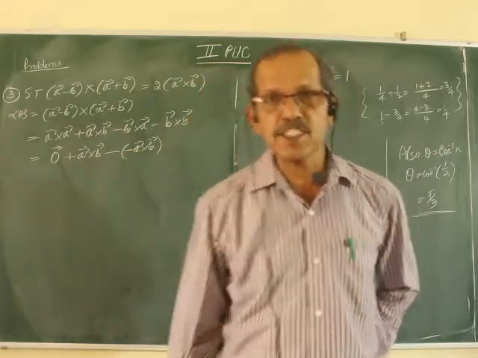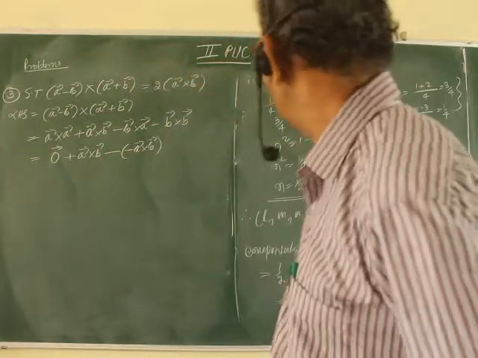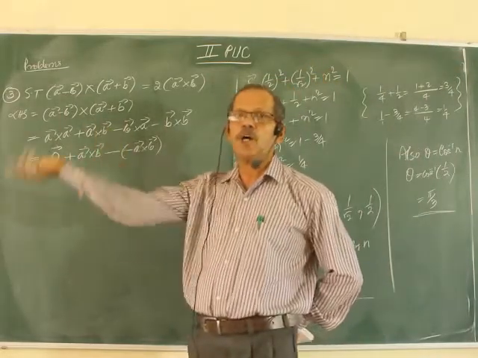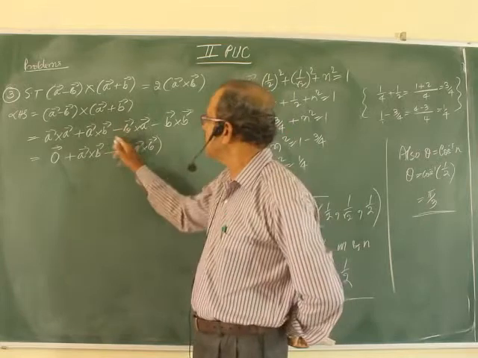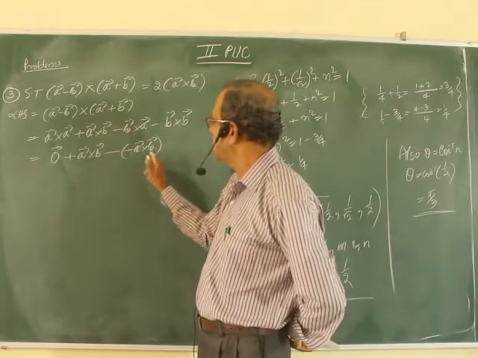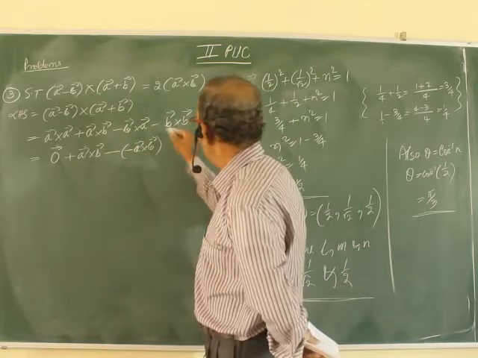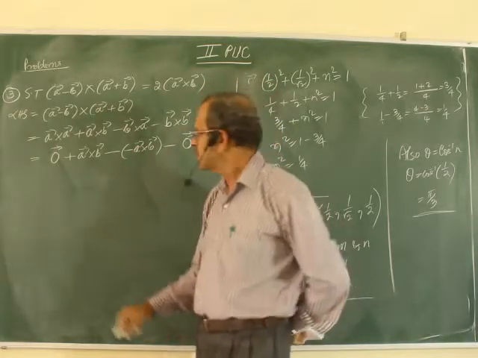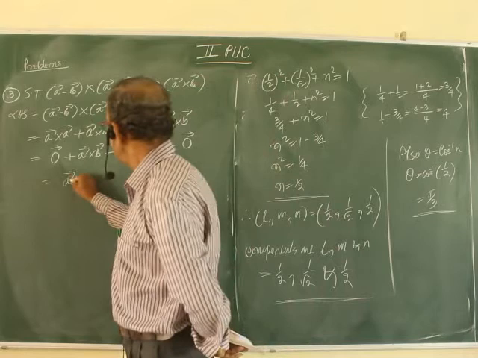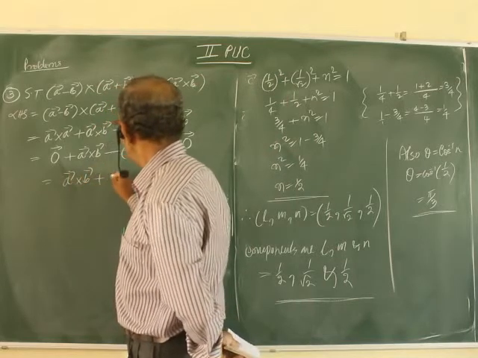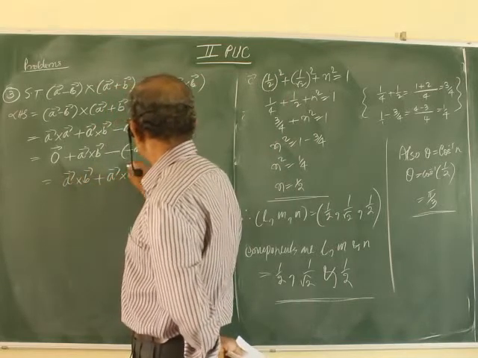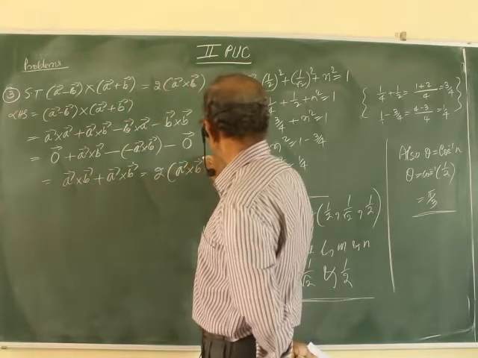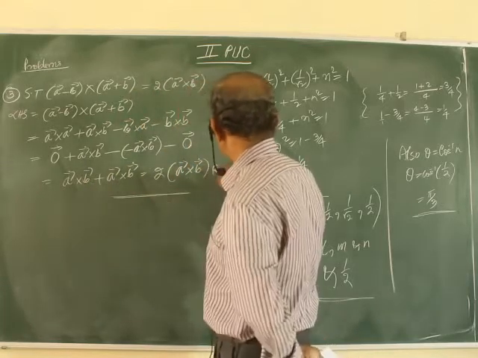Go back to the list of formulas, properties, in which you have written A cross B is equal to minus of B cross A. So minus of B cross A, I can write as plus A cross B itself. And the last one is again 0, B cross B. So you get A cross B plus A cross B, which is nothing but 2 into A cross B, equal to the right hand side.